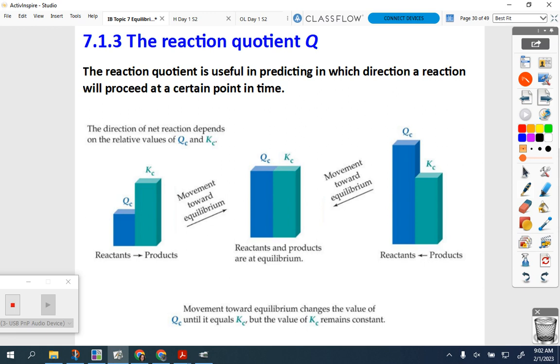Essentially, if the concentrations are exactly the same, then Q is going to be the same as K, and we're going to say it's at equilibrium. So if Q is equal to K, then it's already at equilibrium.